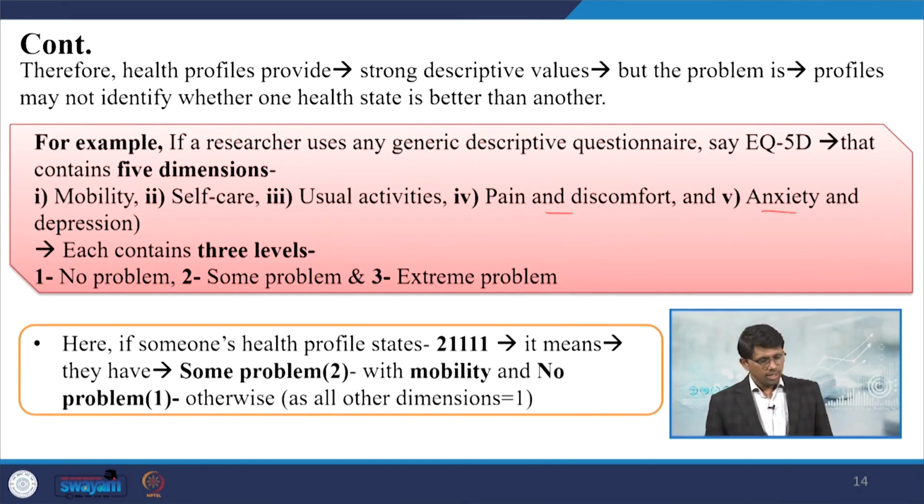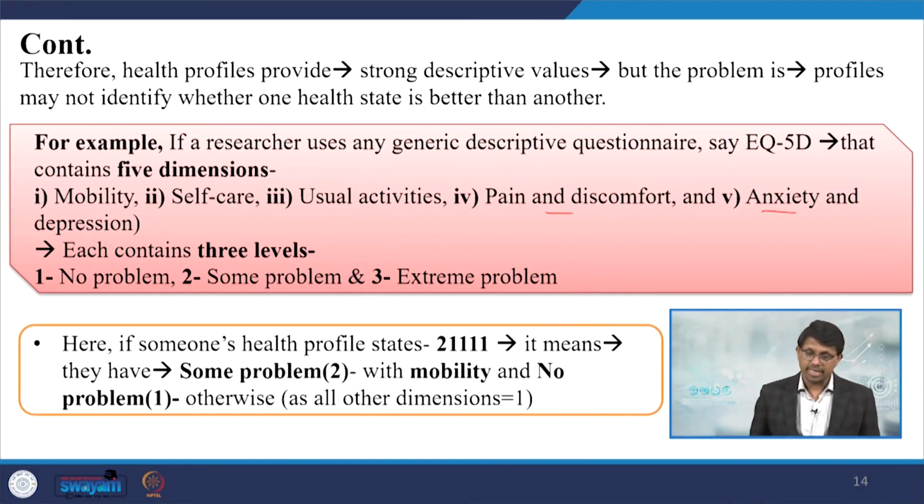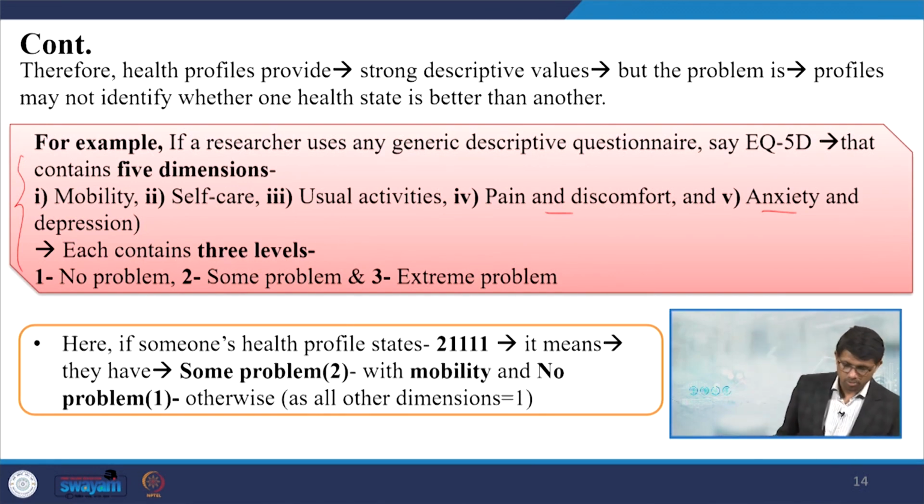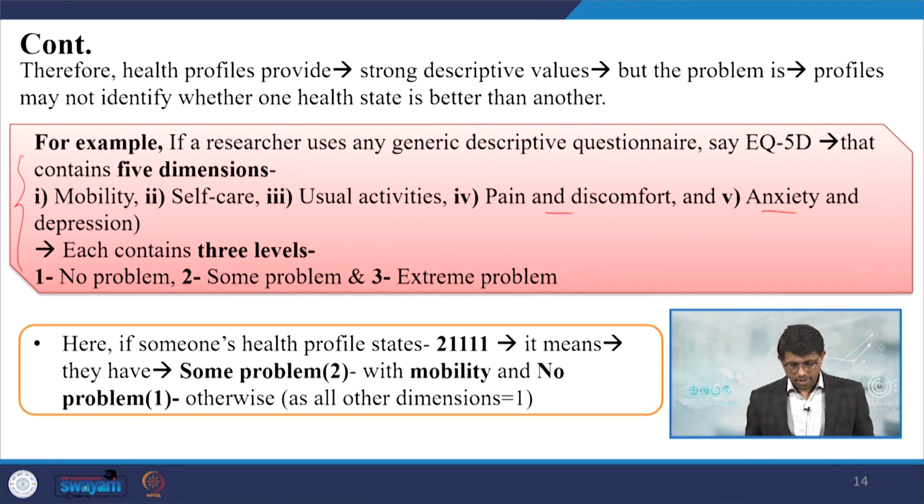Here, if someone's health state is mentioned as 21111, this means the first aspect is related to mobility, and that is picked up as 2, so it has some problem with mobility.